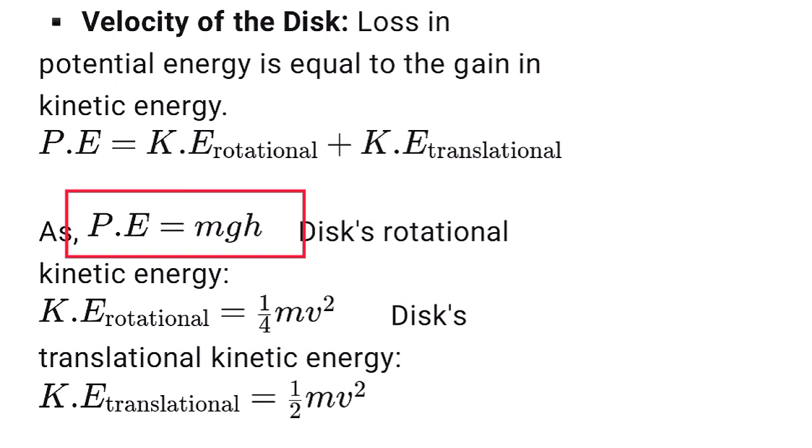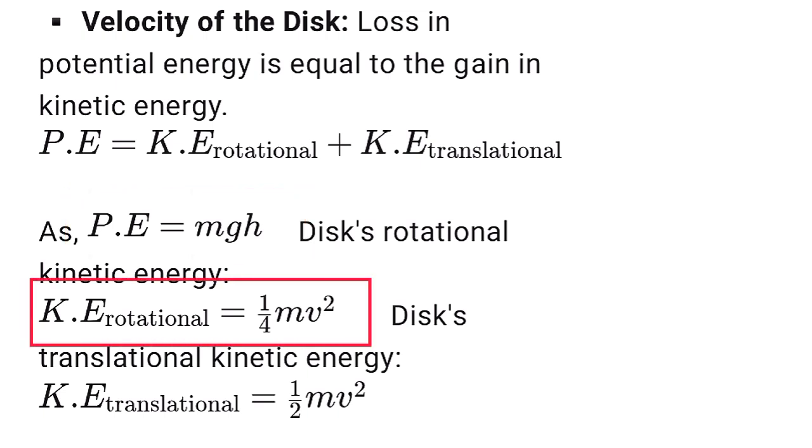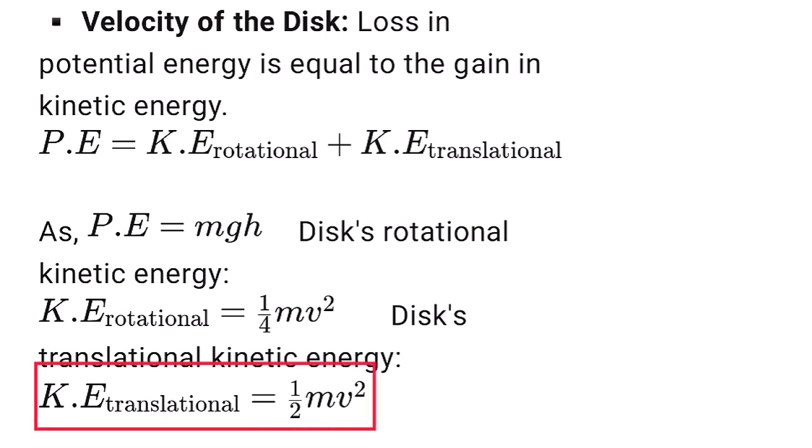Since potential energy equals mass multiplied by gravitational acceleration multiplied by height, potential energy equals mgh. Rotational kinetic energy of the disk equals 1 divided by 4 multiplied by mv squared. Translational kinetic energy of the disk equals 1 divided by 2 multiplied by mv squared.